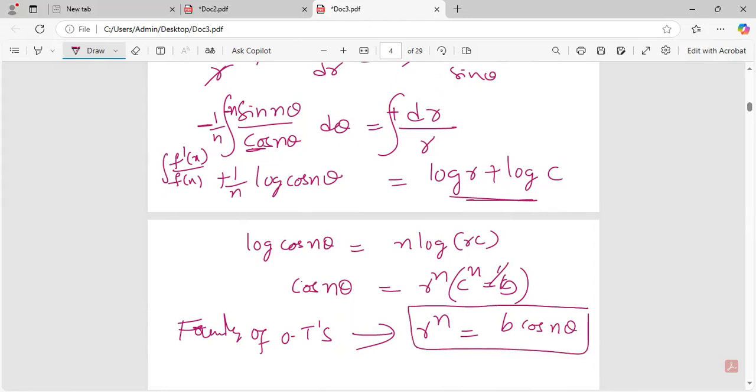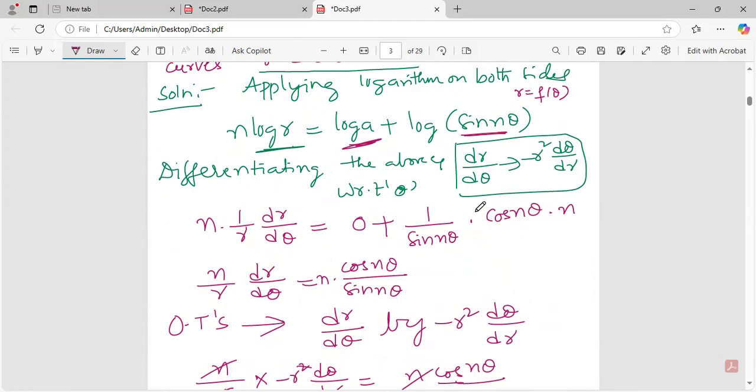Very simple. In orthogonal trajectories, the first thing to focus on is to replace dy by dx or dr by d theta with something. I have to have a dy by dx in the equation, for which I'll be differentiating. In other words, I'll be finding the differential equation for the given family of curves, where I'll eliminate the arbitrary constant or the parameter. Here a is the parameter.